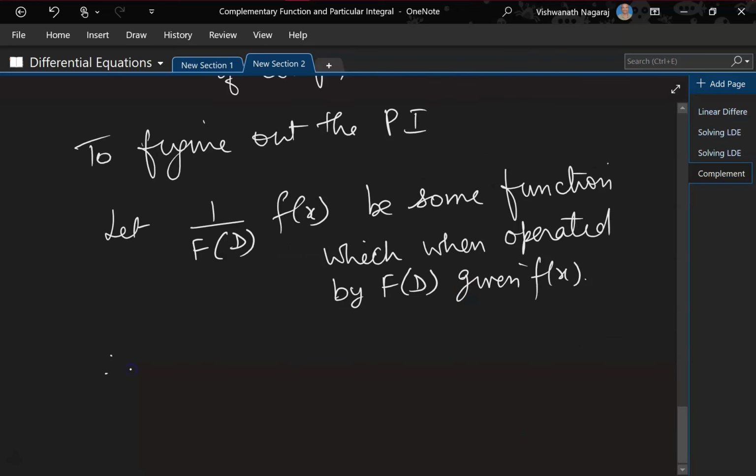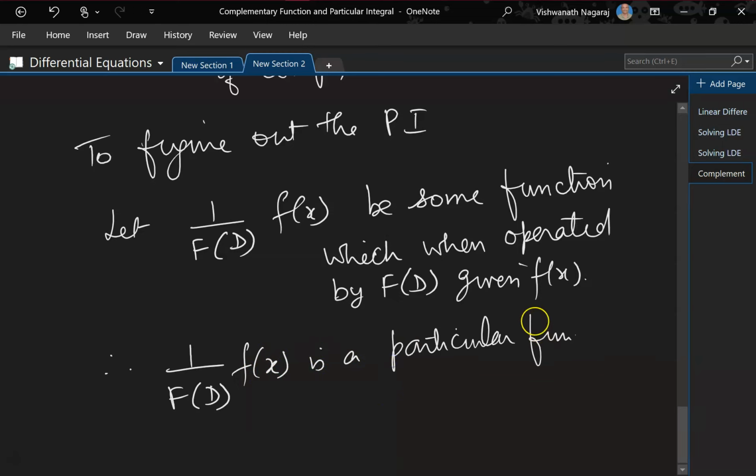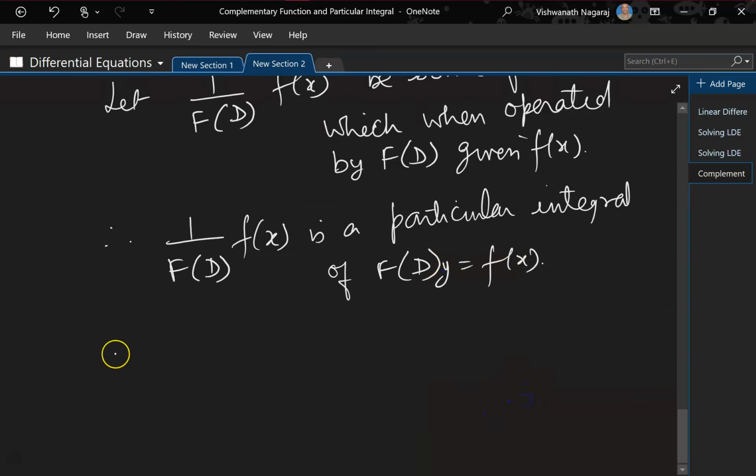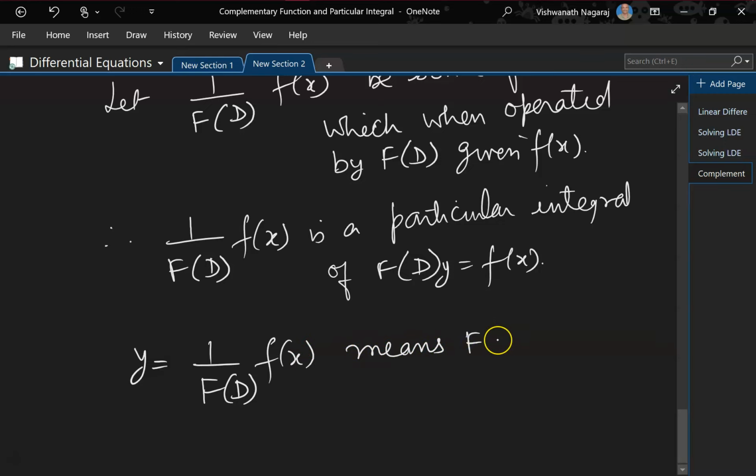Therefore 1 by f of D f of x is a particular integral of f of D y is equal to f of x. Now y is equal to 1 by f of D of f of x means f of D y is equal to f of x is satisfied.